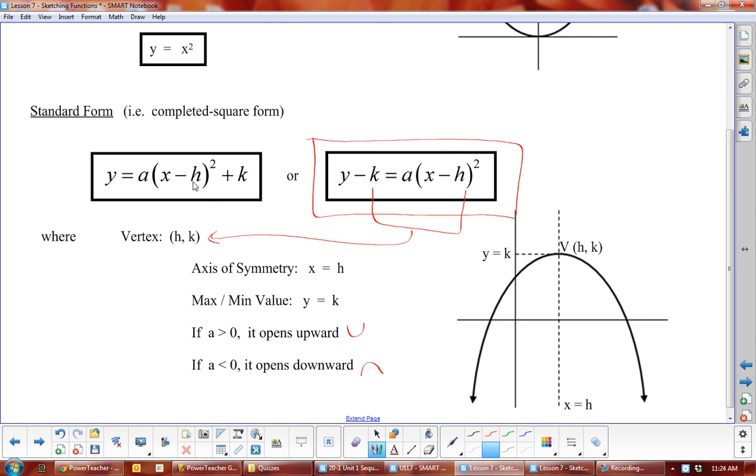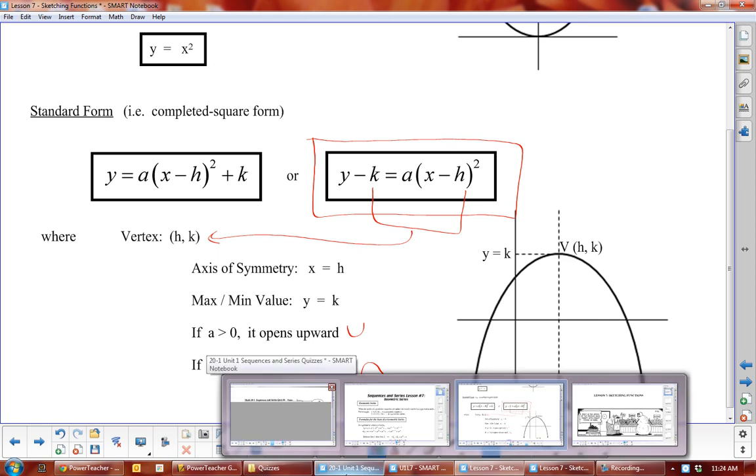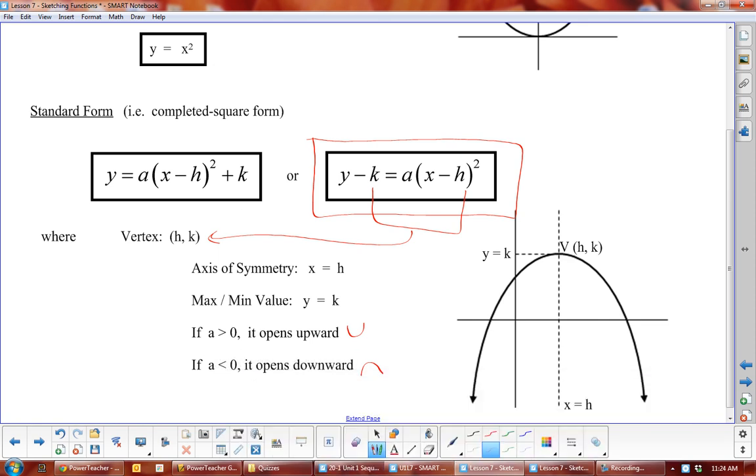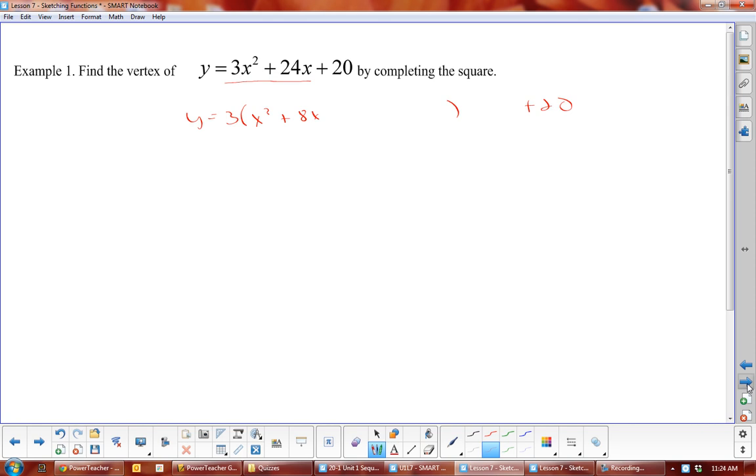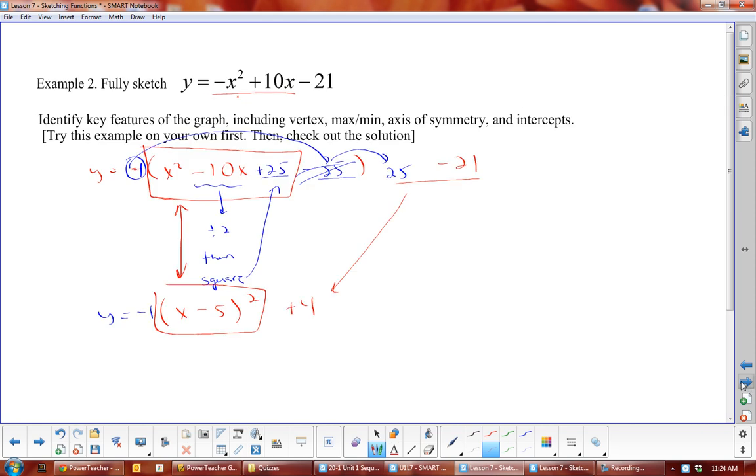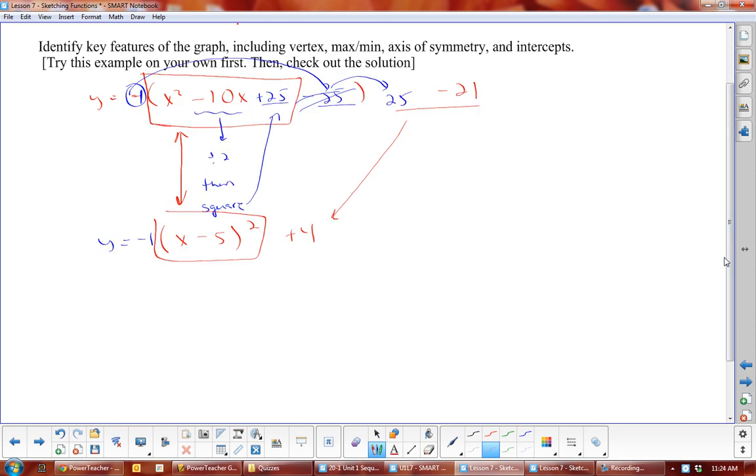But on this side, the h comes after the minus sign, the k comes after the plus sign. So keep that straight, because obviously you're going to graph it in the wrong place if you just mess up one little number. So my vertex will be 5, 4. Okay, so that's one thing we know about this.